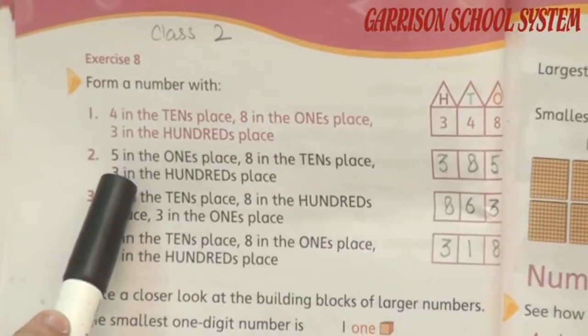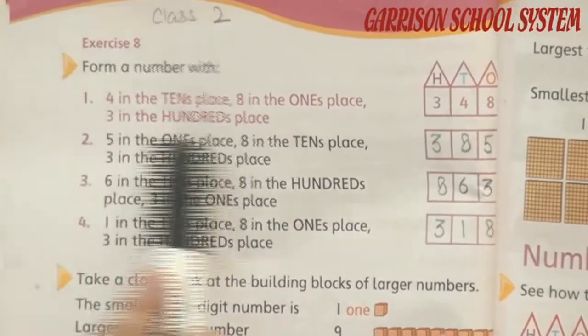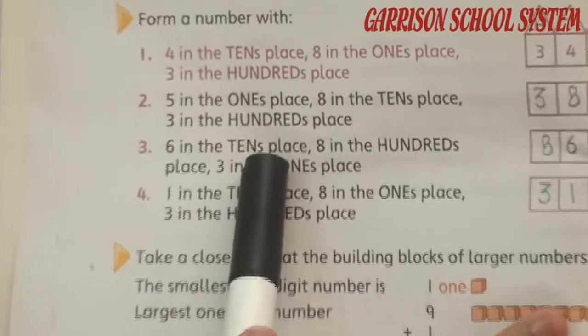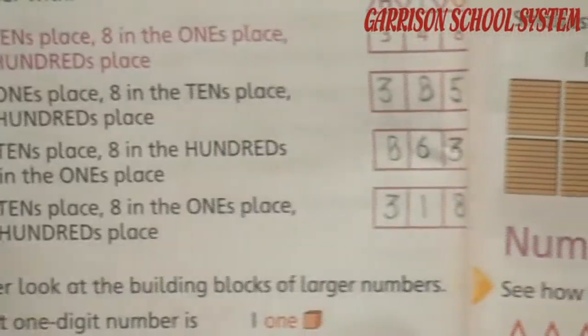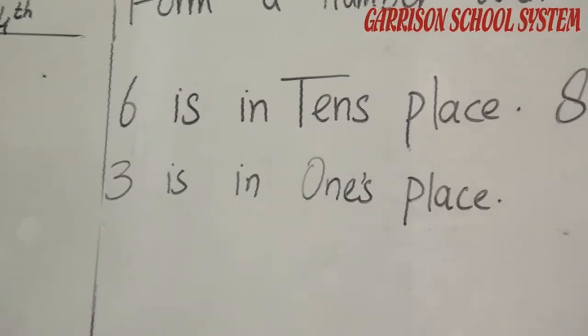Look at this book. As you can see, we have solved question number 2 on our board. Now look at number 3. 6 is in tens place, 8 is in hundreds place, 3 is in ones place. Look at the board.